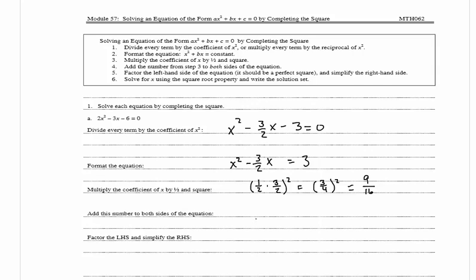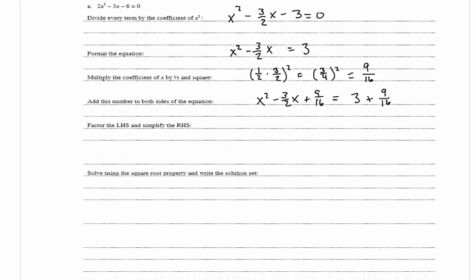Now we want to add this number to both sides of the equation, so we're going to have x squared minus 3 halves x plus 9 over 16 is equal to 3 plus 9 over 16. Now they want us to factor the left-hand side and simplify the right-hand side.